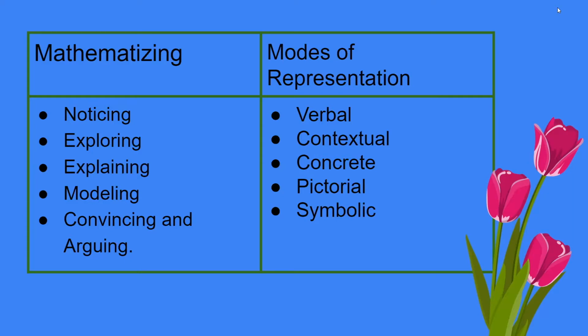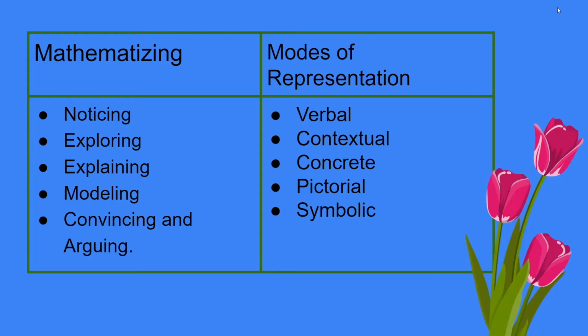And then, of course, modeling. Can they model that problem? If I give them strips of paper, or number bonds if they're doing addition and subtraction in the lower grades, can they at some point model this problem? And then also, can they argue with you about why they're right or why something is wrong?